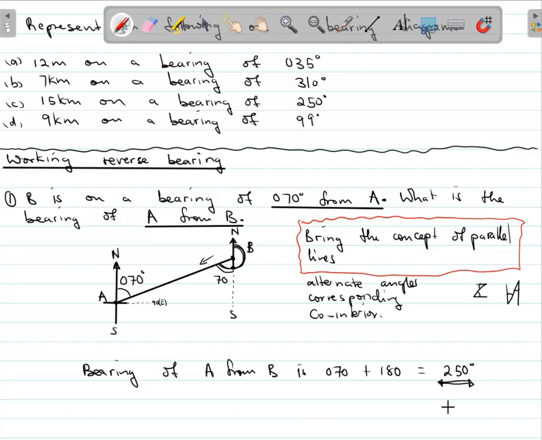When we are given the bearing of B from A, we try to find the bearing of A from B. So let's look at another question to consolidate the concept, maybe 2 more questions.